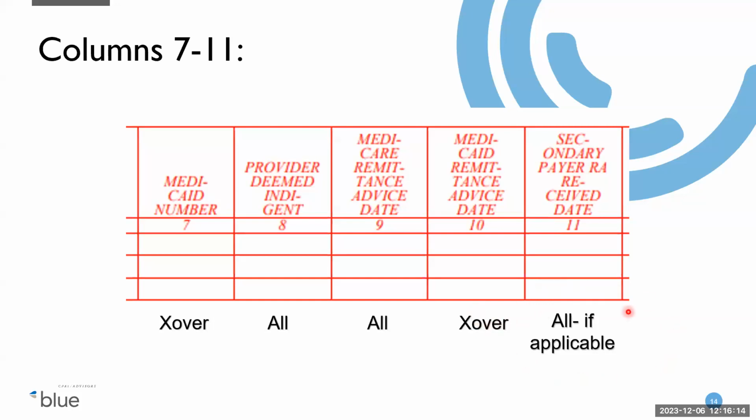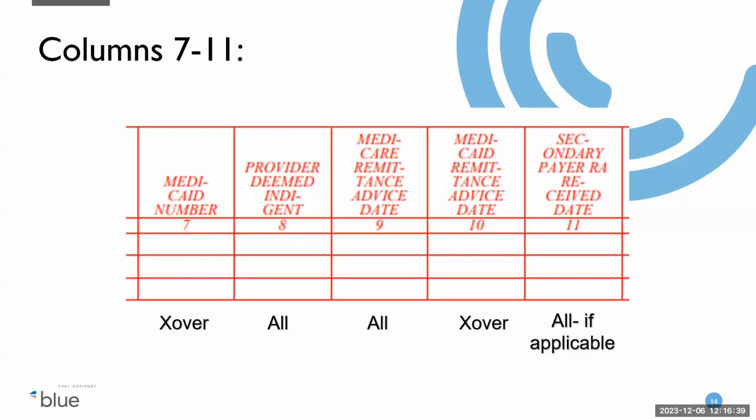And number 11 is going to be populated if it's applicable. This is a secondary payer date. I would recommend probably leaving this blank most of the time, unless you need it for something like in traditional and charity. You need to send the patient a bill within 120 days.